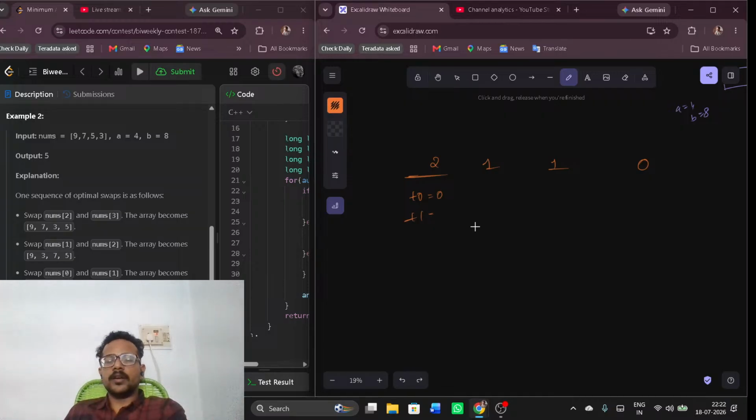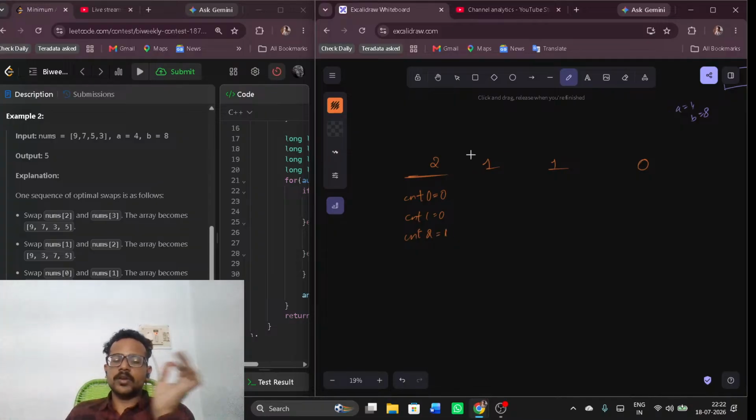Or let us take count 0, 1 and 2. Count 0 I have seen 0, count 1 I have seen 0, count 2 I have seen only 1, because it is 2 and I am just adding it. Now it is 1: count 0 is 0, count 1 is 1, count 2 is 1.